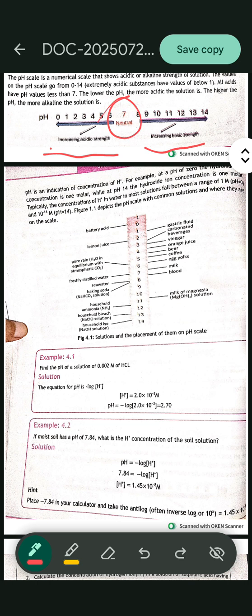For example, water has a pH of 7, so water is a neutral solution. If the solution has a pH of 3, then it is acidic, and if it has a pH above 7, like 8, 9, 10, it has basic nature, like sodium hydroxide and potassium hydroxide. So these are the bases.